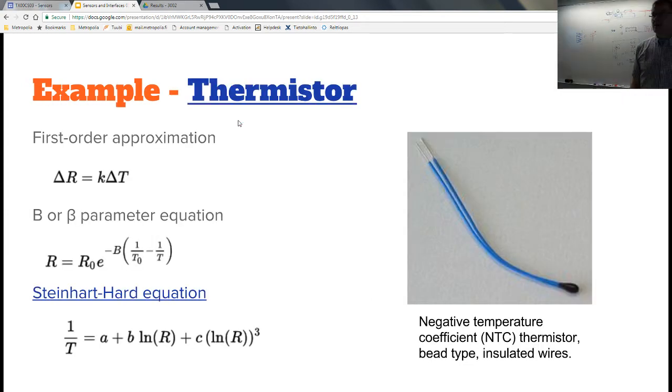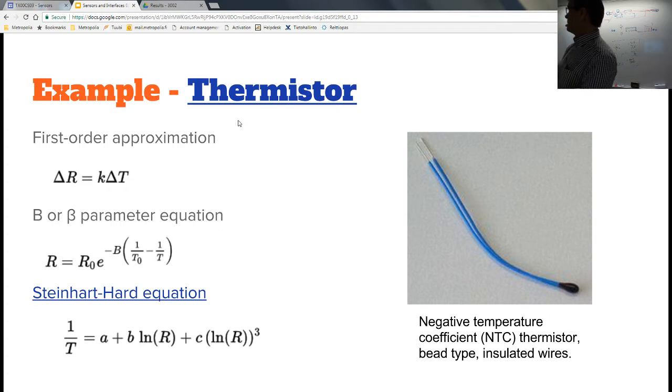Okay, one example of a transfer function is the thermistor. Usually the negative temperature coefficient, NTC, thermistor, which basically in a short range has a transfer function that is quite linear.